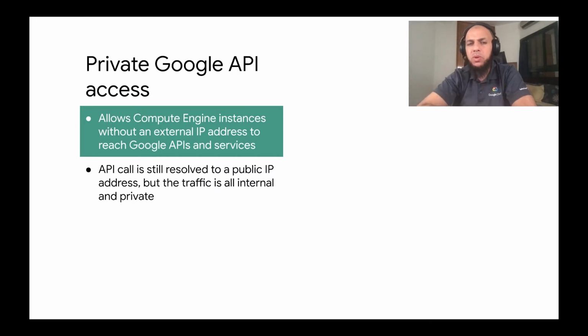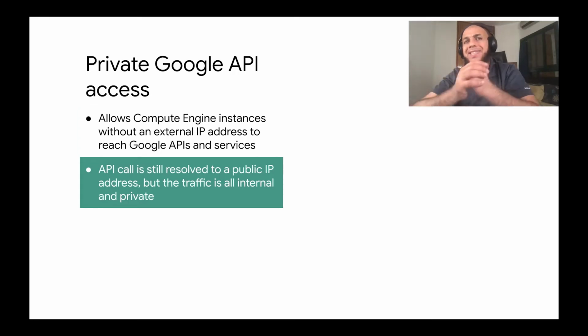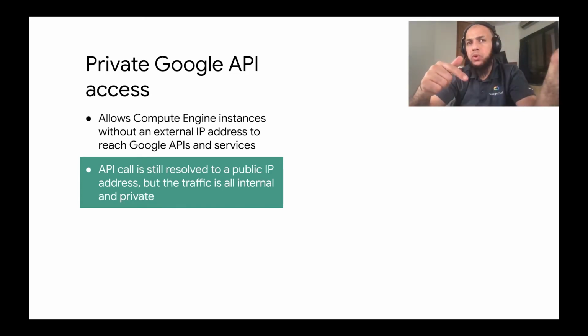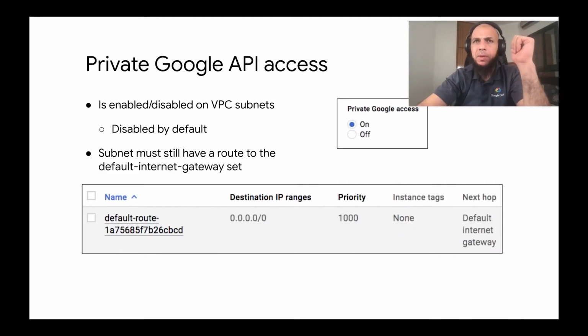This is where private Google API access is good, because I'll be able to access those from VMs with only private IPs. The API call is still resolved to a public IP, but the traffic is going through the private network. I'm using a private IP, reaching out to a public IP.